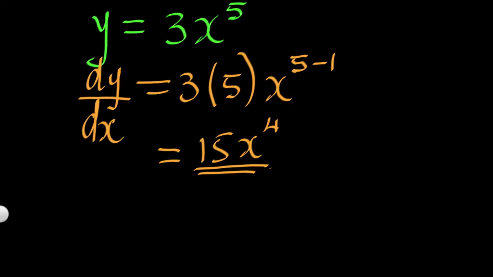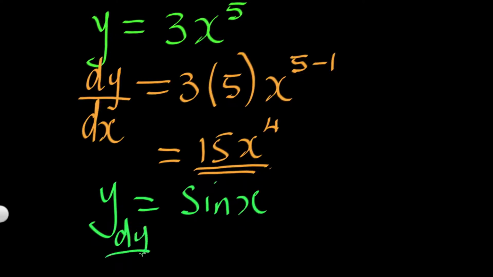So this is the first derivative of y is equal to 3x to the power 5. Done. If you have a trigonometric function like y is equal to sine x, dy dx is equal to cos x.